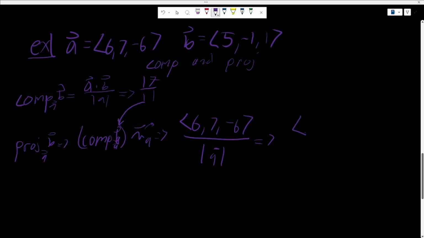So we'll have 6, 7, -6, all over 11. Now that we found our unit vector, we can just multiply it by 17/11. So we'll have 17 over 11 times that unit vector.